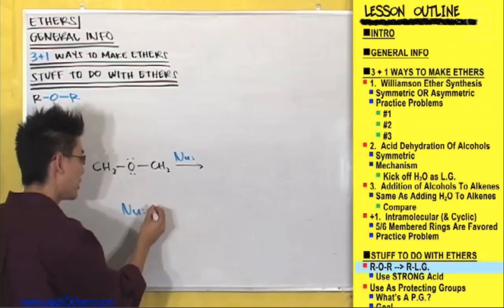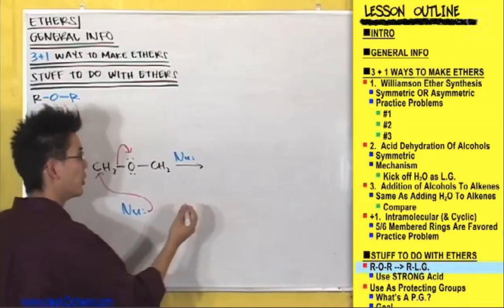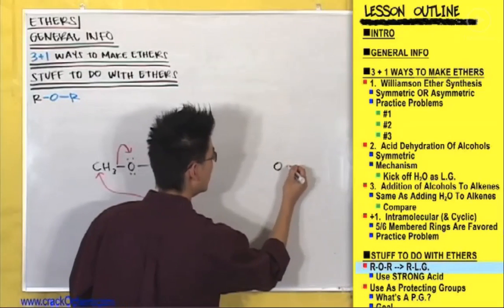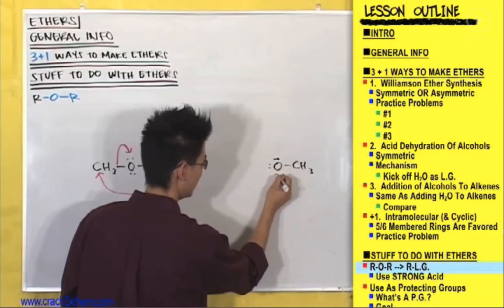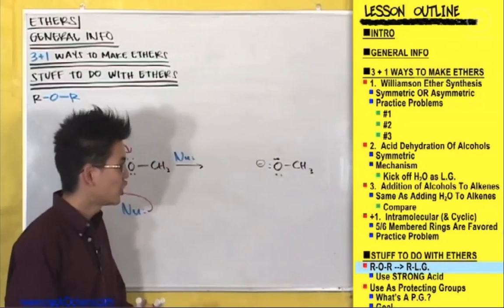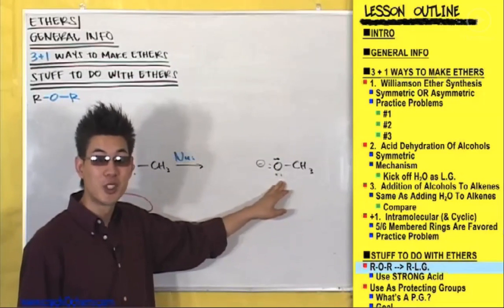Let's have a nucleophile come try to attack this carbon, kick off the OCH3 group. What you're going to get is an OCH3 get kicked off as a leaving group. And it's going to have a negative charge on this oxygen. And hey, you guys, is this a good or a bad leaving group?